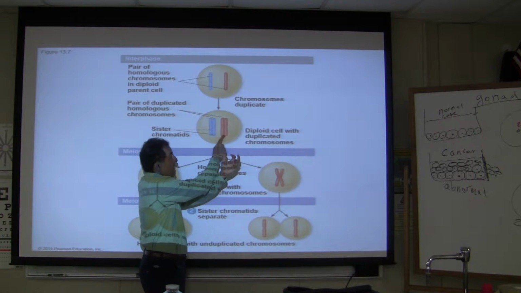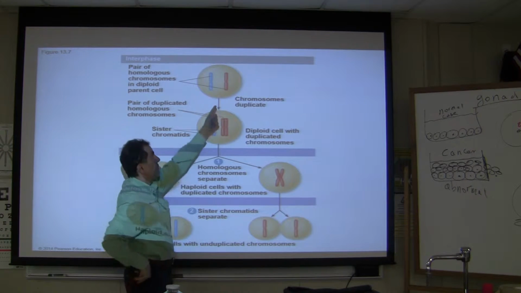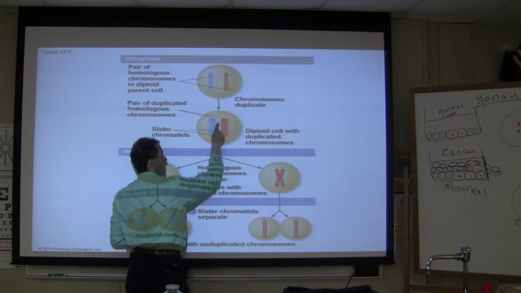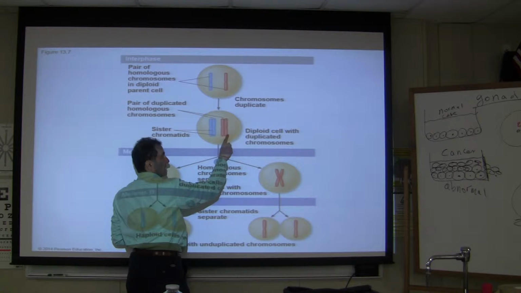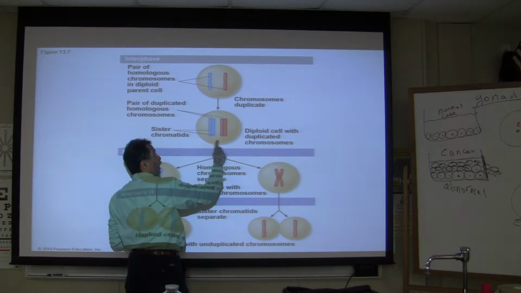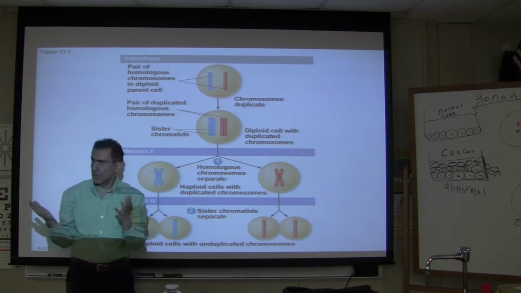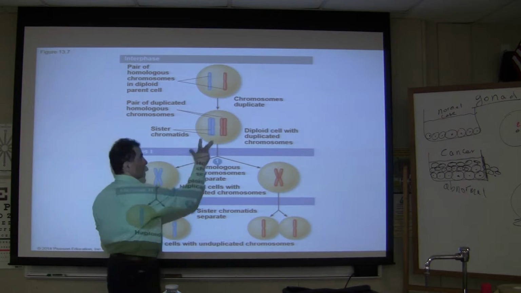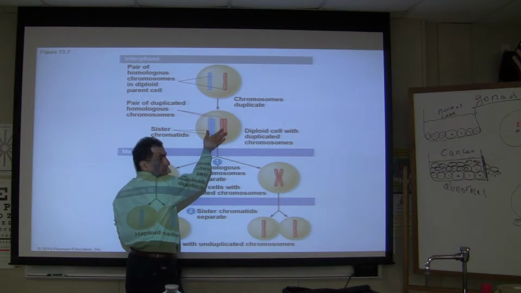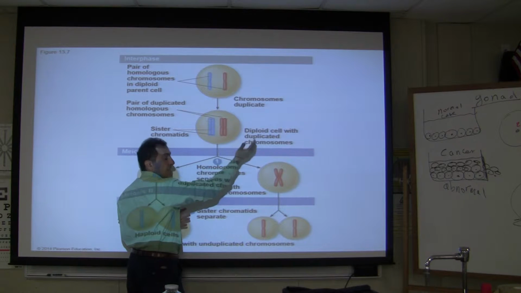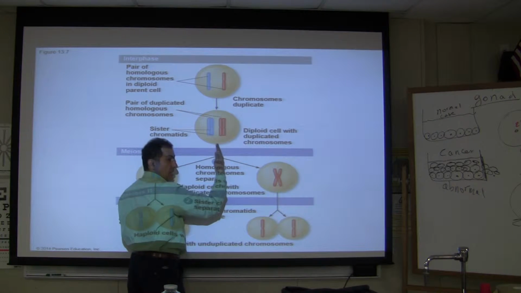And then the red becomes two also. Chromosome, chromosome, chromosome, chromosome. Sister chromatid, sister chromatid, sister chromatid, sister chromatid. Homologous chromosome. Right? Homologous chromosome. Same size, same length, same genetic material for inheritance, but they do not have the exact same DNA.